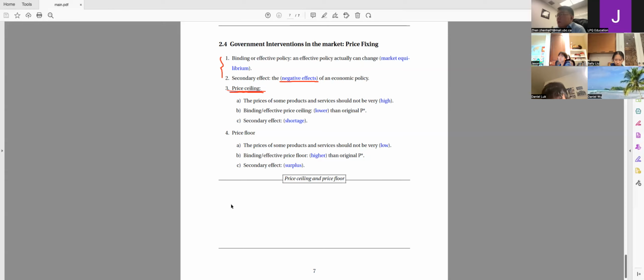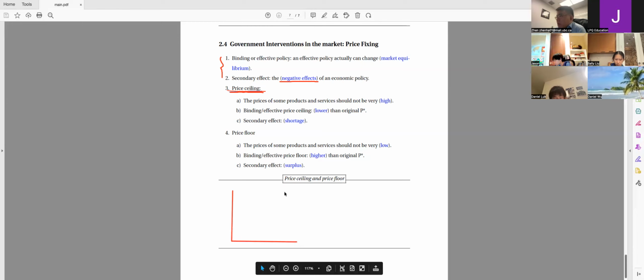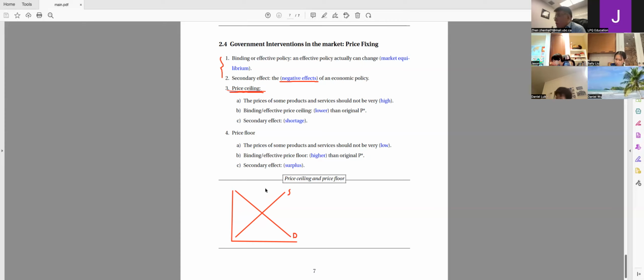So what is called a price ceiling? Let's have a coordinate system with the supply and the demand curve. For example, this is a market for apartments, maybe the rental market, and let's say just a studio rental market. A studio is a very basic level of accommodation.